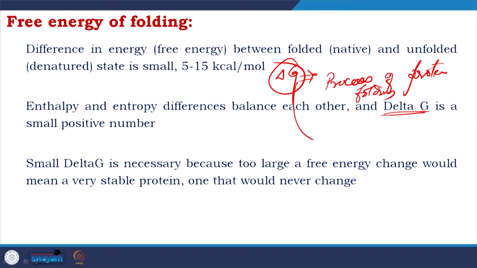The difference is not much, because too large a free energy would mean a very stable protein. If the protein is very stable, what will happen? It would not be able to change its conformation frequently, and because of that, as we discussed, when a protein has to be functional, it changes.